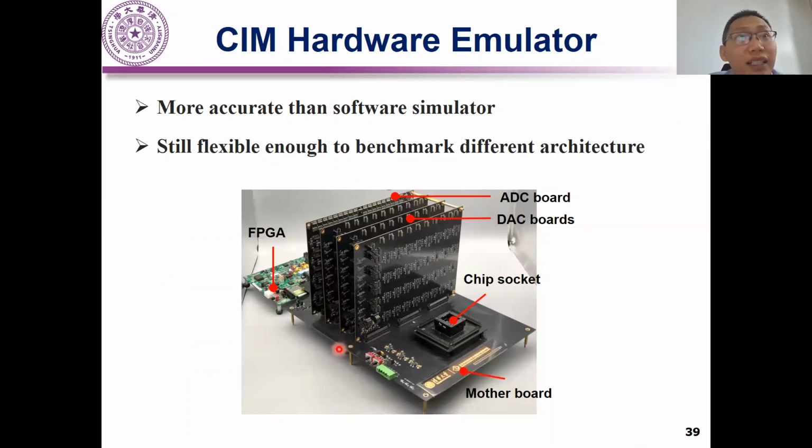The FPGA is used to control the whole system. With this hardware emulator, the benchmark for the CIM system can be more accurate. We can also use this emulator to verify our simulator. So, as I mentioned, our simulator is fully silicon verified because we have this hardware emulator.